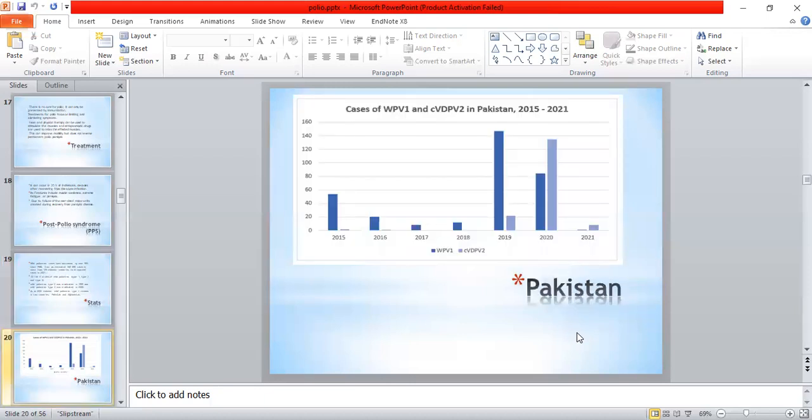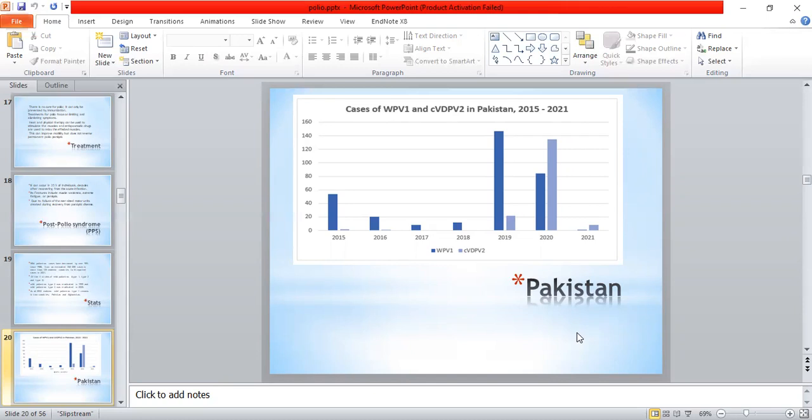In this graph, you can see wild poliovirus 1 and vaccine-derived poliovirus cases in Pakistan. The cases are on the y-axis and the years are on the x-axis. This data is between 2015 and 2021.